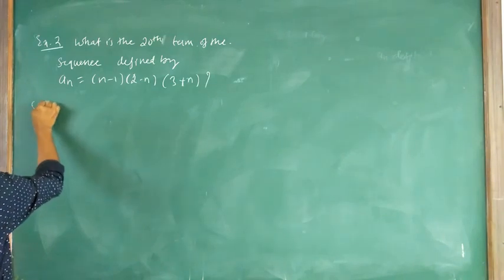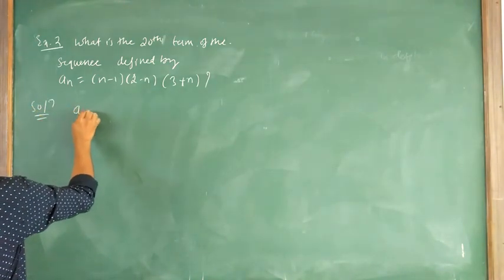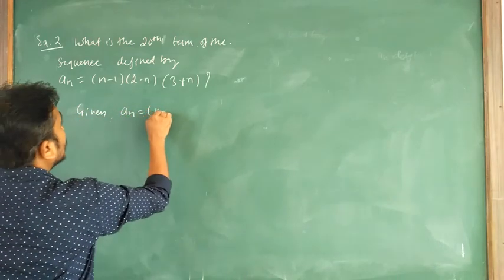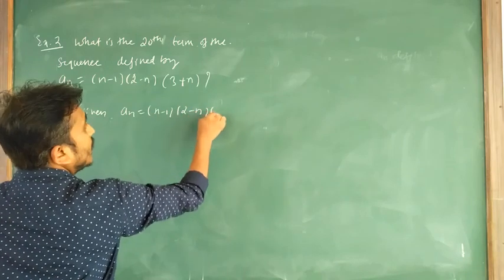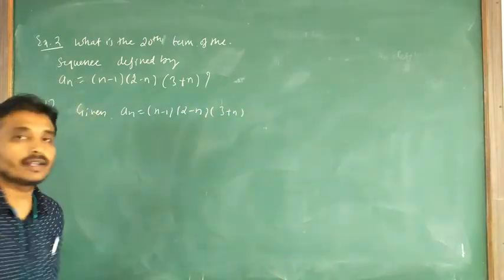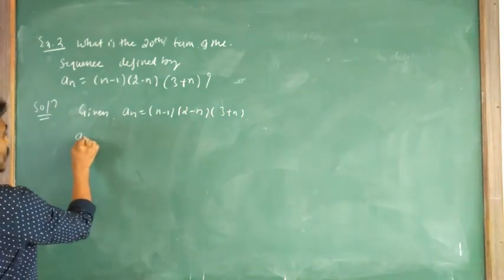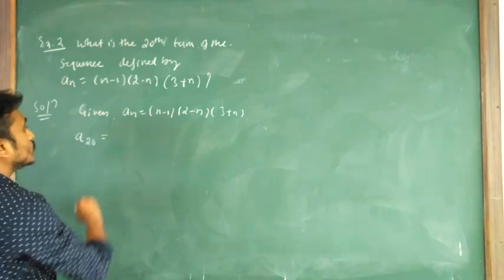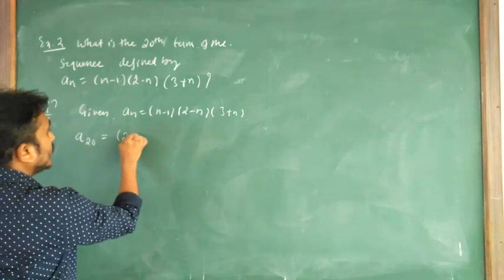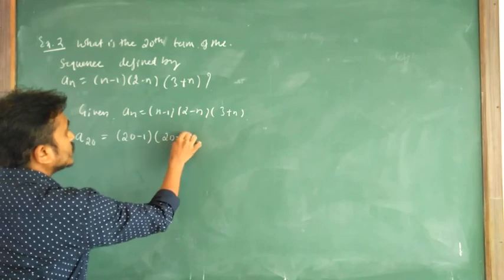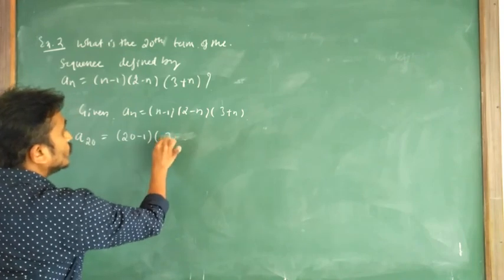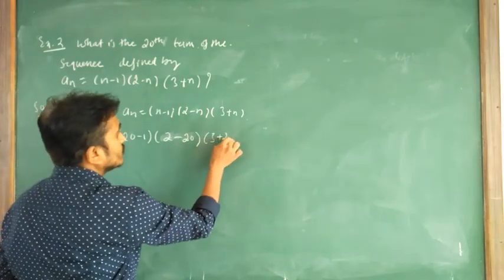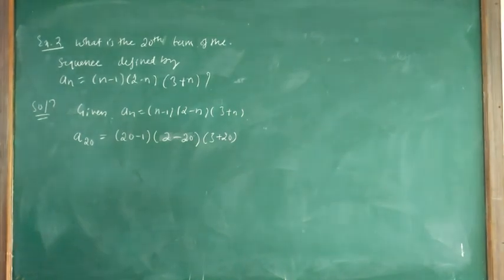Solution. Given that an equals (n minus 1)(2 minus n)(3 plus n). We have to find the 20th term, that is a20 equals (20 minus 1)(2 minus 20)(3 plus 20), since n equals 20.